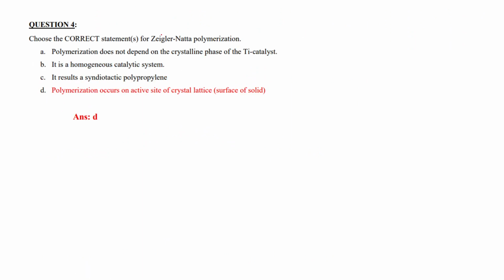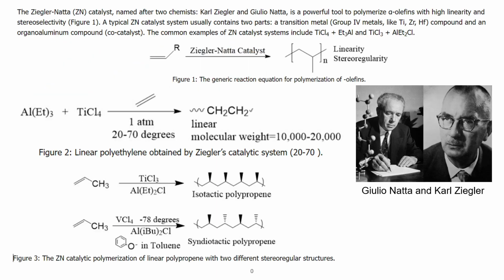So for Ziegler-Natta polymerization, the right option would be that this polymerization occurs on the tip side of the catalyst. Obviously, it should be happening. So let's discuss this so that we can understand this question in detail.